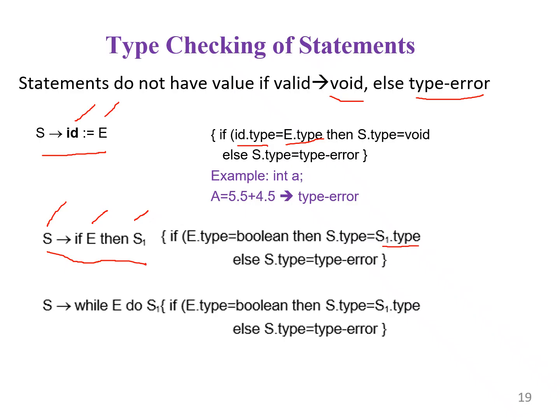Next, as with the if statement, for the do while statement, if E.type is boolean, then the output of S1.type gives S.type if the condition is true, else it will throw an error. So these are the things found in type checking of statements.